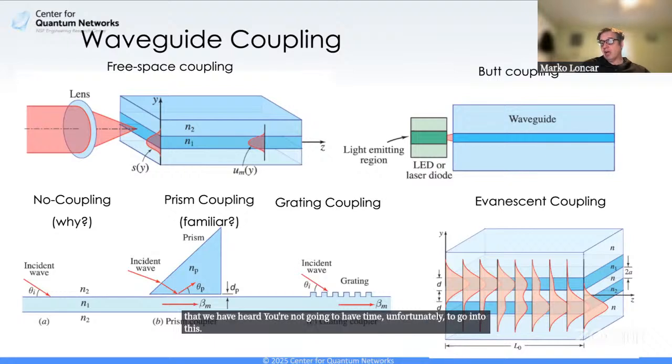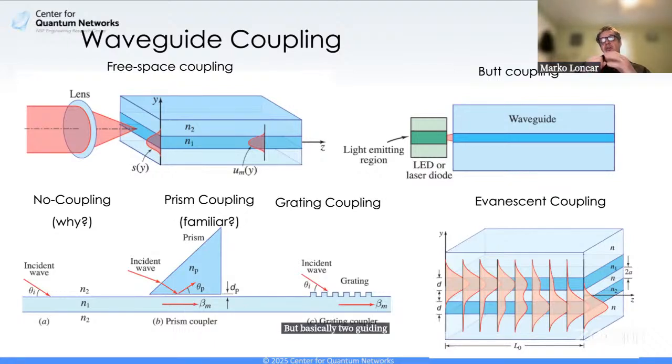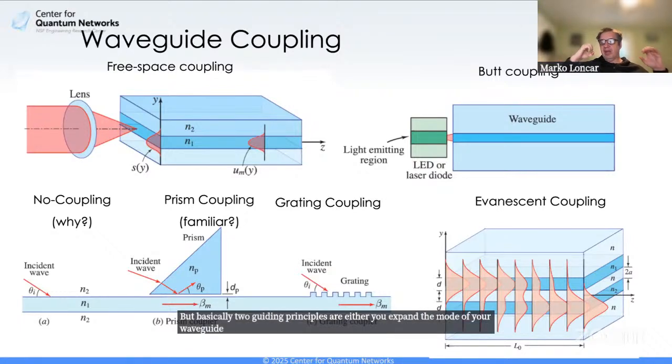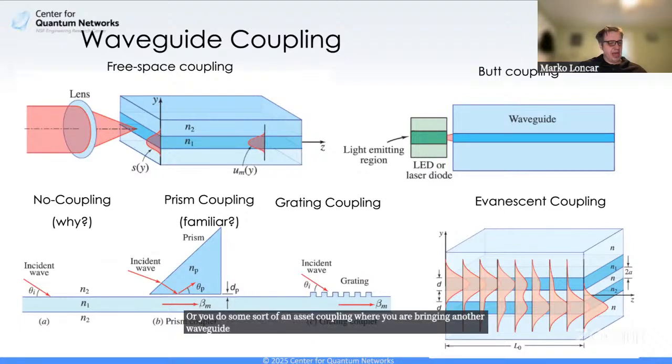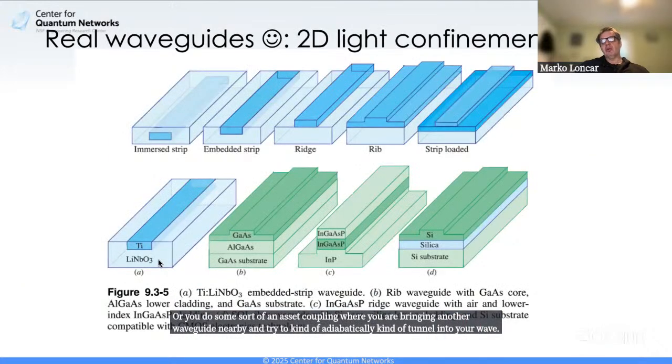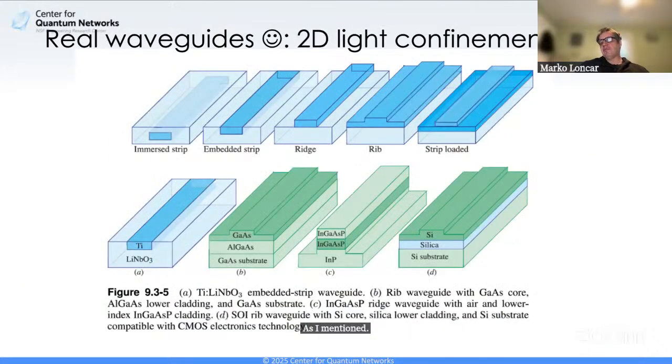But basically, there are two guiding principles. Either you expand the mode of your waveguide a lot by making the waveguide narrower and narrower, so that light pushes out, or you do some sort of evanescent coupling, where you bring another waveguide nearby and adiabatically tunnel into your waveguide. As I mentioned, in practice we rarely work with slab waveguides.